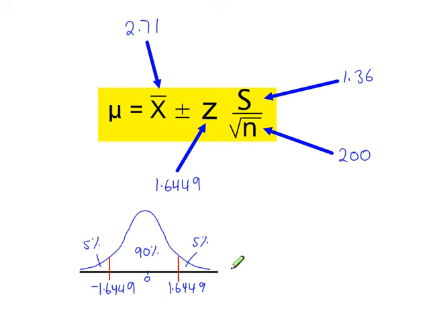For a 90% confidence interval, we look up 0.95, so the cumulative probability to the left of this line, which is 95%, and table 4 in the AQA formula book will give you a Z value of 1.6449. So once again, this 1.36 is an estimate for the population standard deviation.